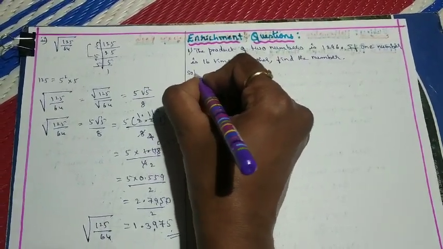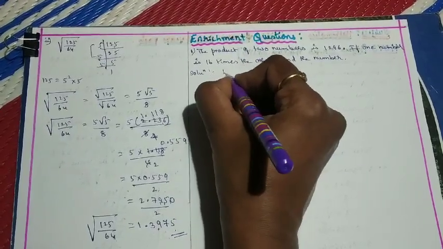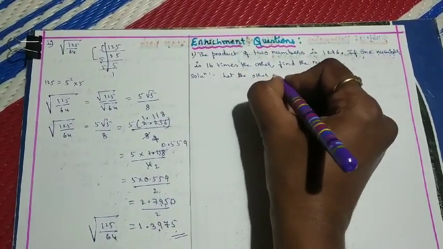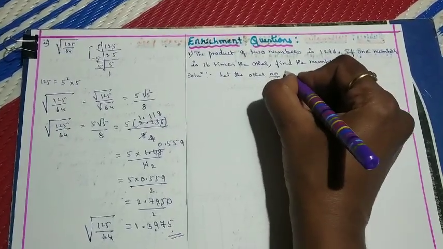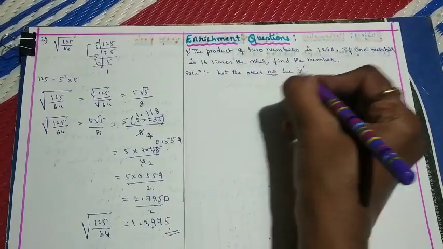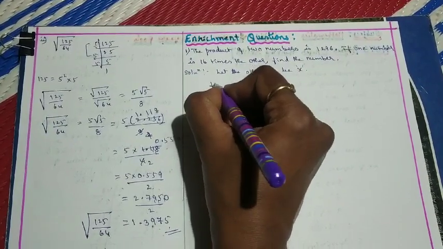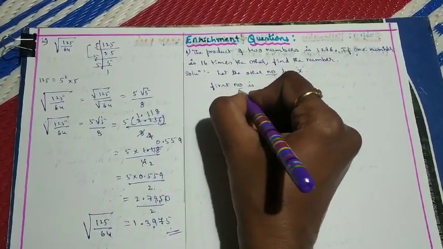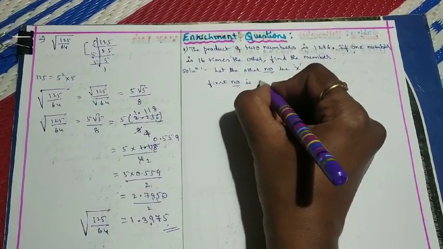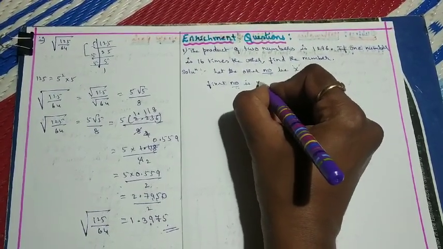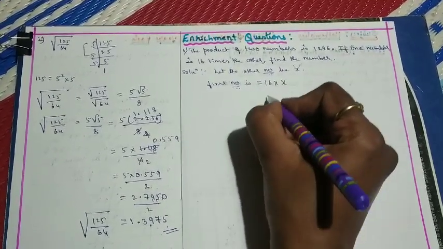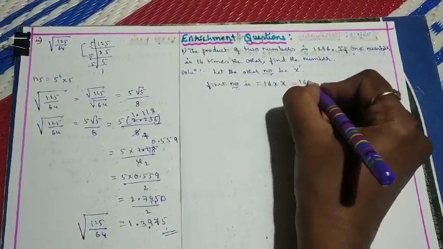So solution: let the other number be x. Then the first number, given as 16 times the other, is 16 into x, which is nothing but 16x.